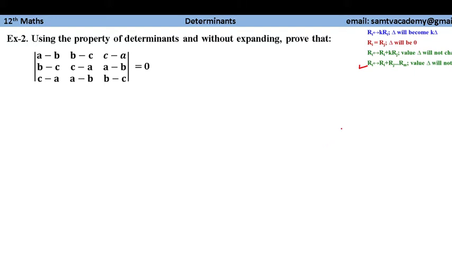Here also LHS should be equal to RHS. RHS is 0, so we have to make LHS 0. So let's start with LHS. Now what will be the first step? In the steps we are doing, we have to write the reason behind doing that step.